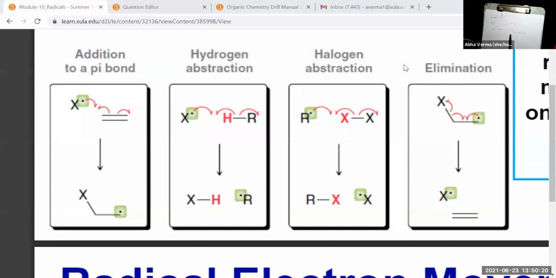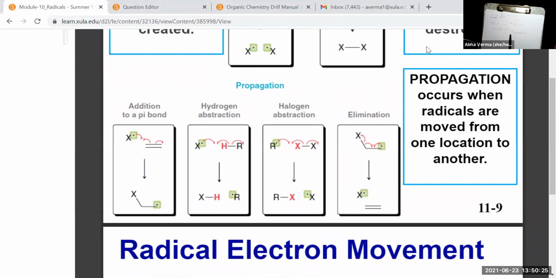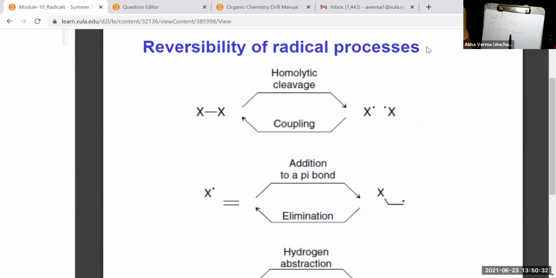Knowing these will definitely help you, especially for the 3 mechanisms that we are going to learn. There is a lot of reversibility in these radical processes, just like addition to a pi bond and elimination. The starting and the end is different, with opposite arrows. Coupling, this is initiation, this is termination, right?